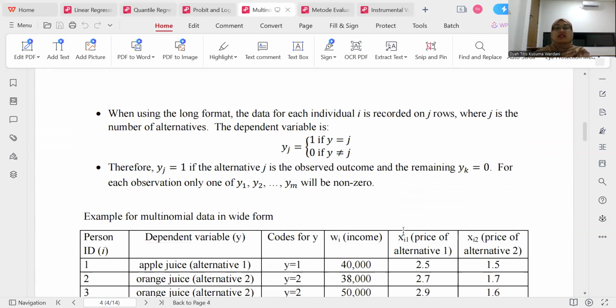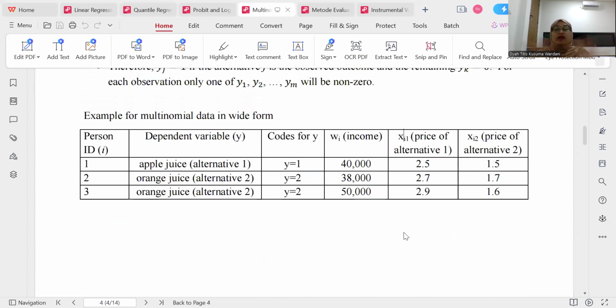The dependent variable yj is equal to 1 if y equals j, and 0 if y is not equal to j. Therefore, yj equal to 1 if alternative j is the observed outcome and the remaining yk equal 0. For each observation, only one of y1, y2, until ym will be non-zero.